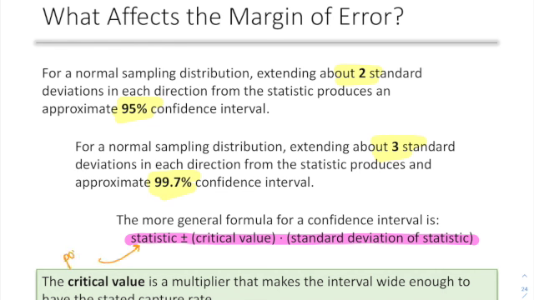Remember, your statistic here, this is your point estimate. Critical value is the new thing, that's what we're about to talk about. And standard deviation, well, this depends on if it's a proportion or a mean, just from chapter 7.